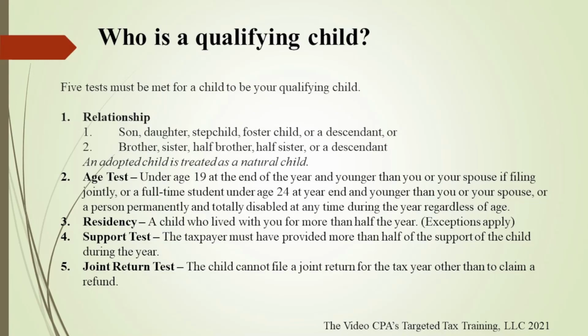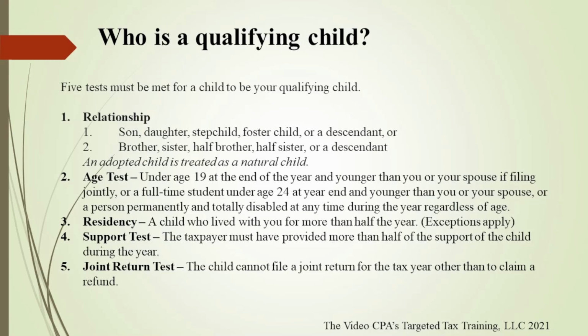Second test is the age test. They have to be under 19 at the end of the year, or they have to be younger than you or your spouse if you're filing a joint return. Now, I don't know why that's in there, but certainly it has happened, I guess, before. If, for example, they're a full-time student, then they have to be under age 24 at the end of the year, and again, they have to be younger than you or your spouse.